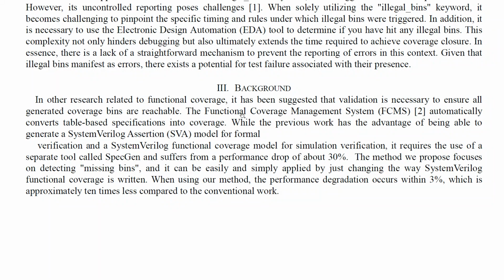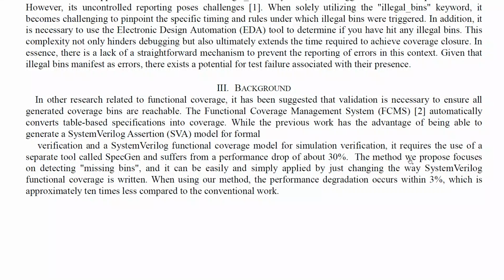The Functional Coverage Management System (FCMS) automatically converts table-based specification into coverage, while the previous work has the advantage of being able to generate a SystemVerilog assertion (SVA) model for formal verification and a SystemVerilog functional coverage model for simulation verification. It requires the use of the separate tools called SpecGen and suffers from performance drop of about 30%.